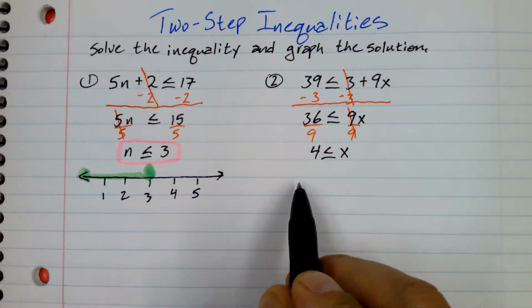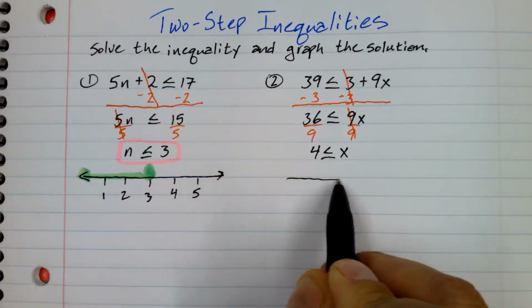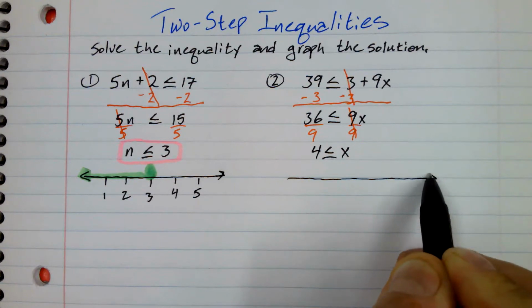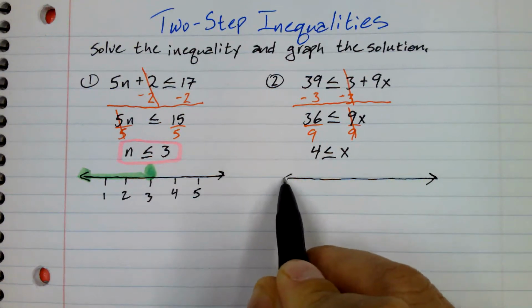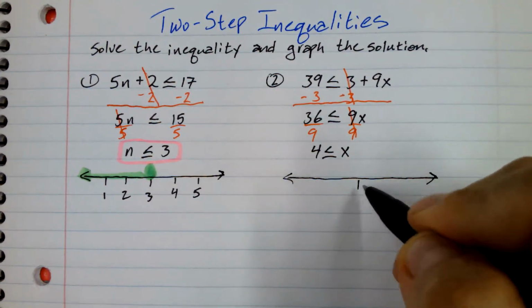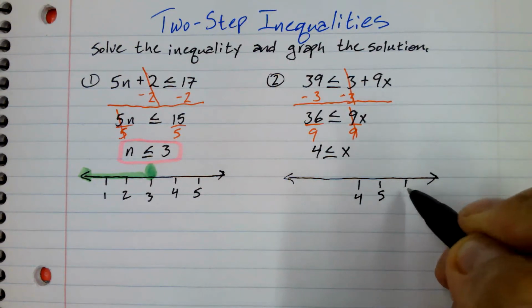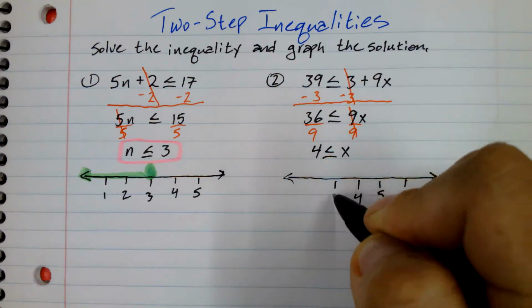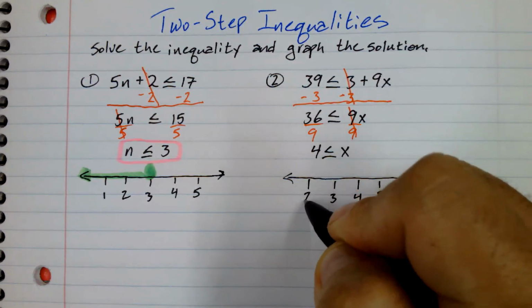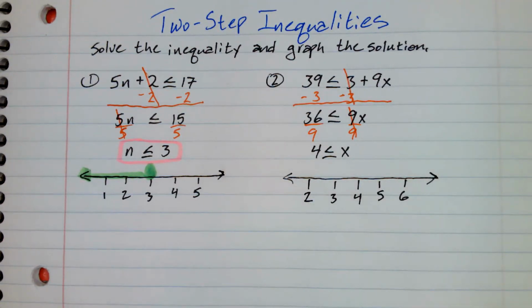4 is less than or equal to x. So 4 is the star of the show. Now, excuse me, I need some help here.